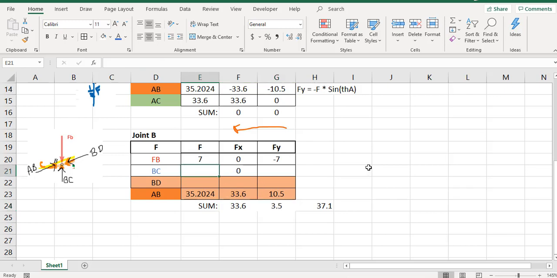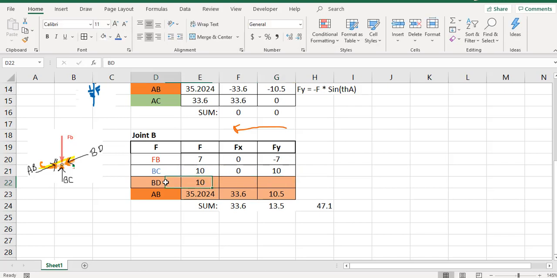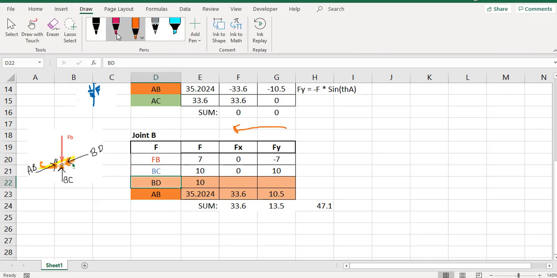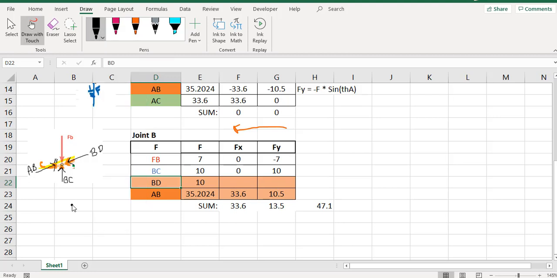And BC, what I'm going to do is start by just estimating something. So I'm going to estimate BC is 10, and this is totally wrong, but I'm going to start with a guess. And then I'm going to link this over to here. If I did know the magnitude of BD, I know how that divides into X and Y components, right?